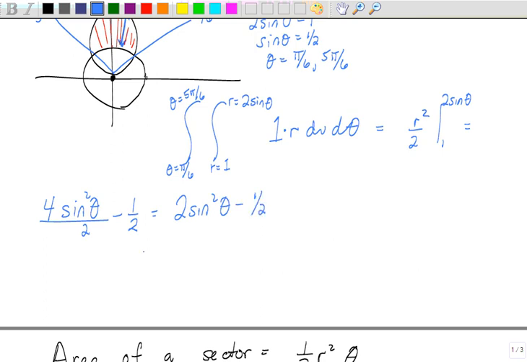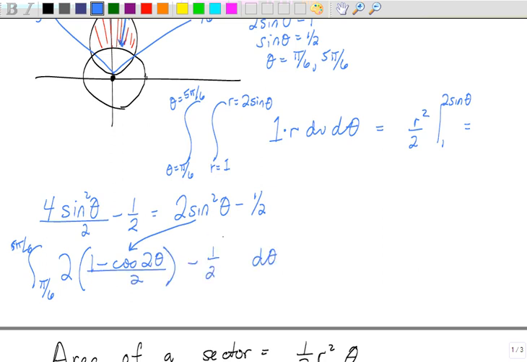Then I'm going to integrate that from pi over 6 to 5 pi over 6. But to do the first one, I'm going to use the half angle formula, and that is sine squared is (1 minus cosine 2 theta) over 2, minus a half, d theta.